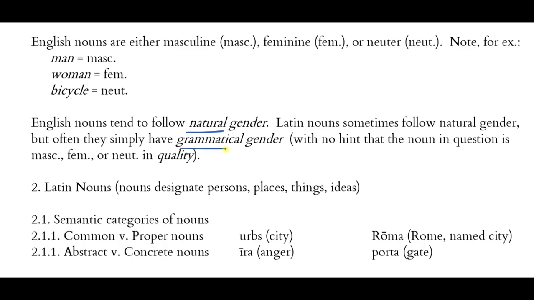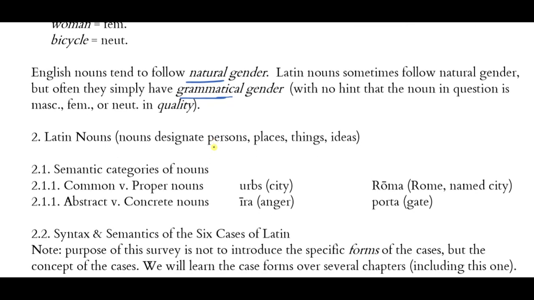And so this is a gender that is grammatical, but that grammatical gender, which we will call masculine, feminine, and neuter, there's no inherent genderedness to the noun itself that has whatever grammatical gender it has. Okay? So for example, porta is the word for door or gate or entrance, but there's nothing distinctly feminine about a door. All right? Now, let's talk about Latin nouns.